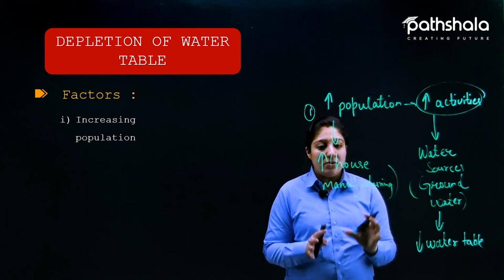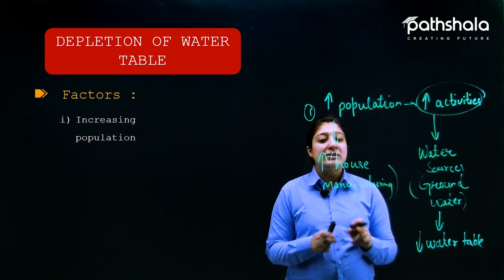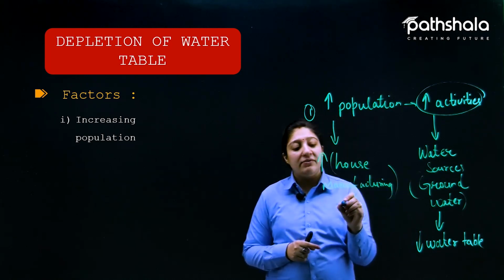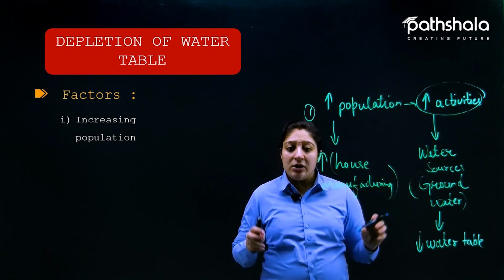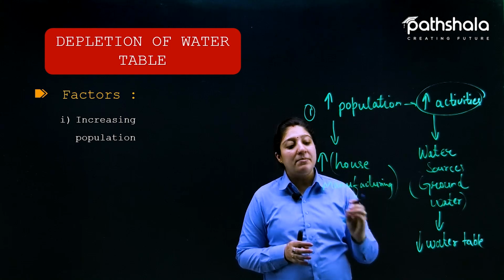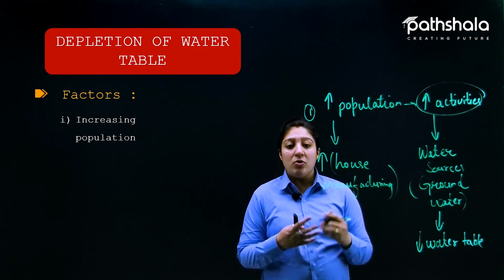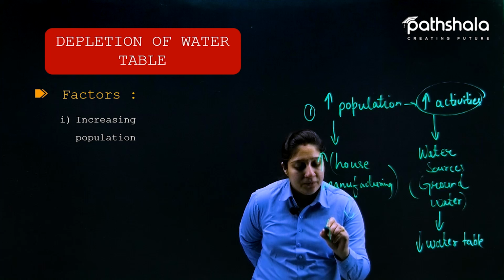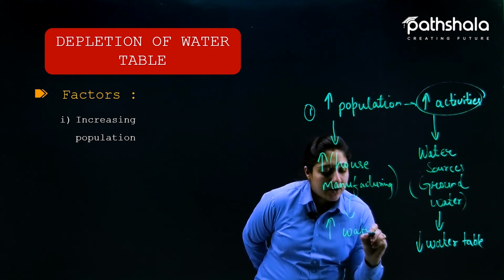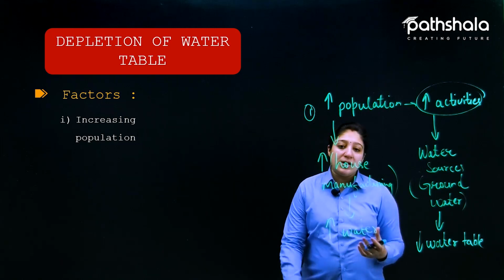For building houses, they need to clear more and more land, and in building houses, more and more water is required. When more water is required, from where is the water coming?